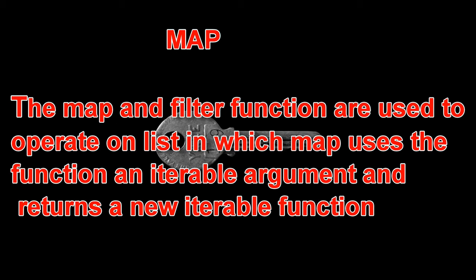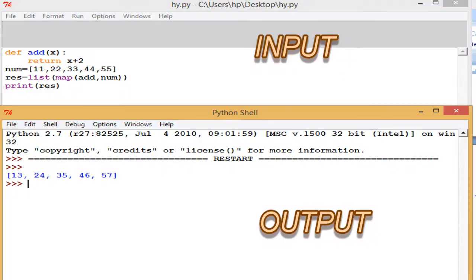So in this map function, we are adding some things to the list based upon the function performed. Here I have defined a function add. In that, I have written that the value of x will add 2 to it. Then I have defined a list num equal to the numbers I have assigned in the list. After that, I have given a result in which I call the map function, passing the add function and the list.